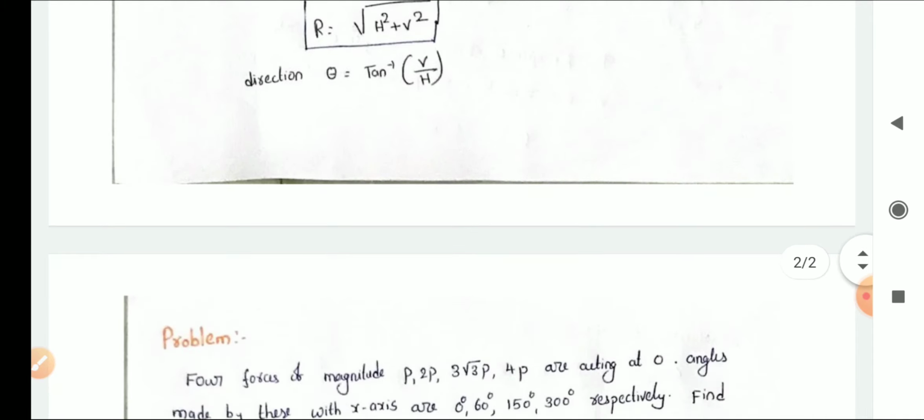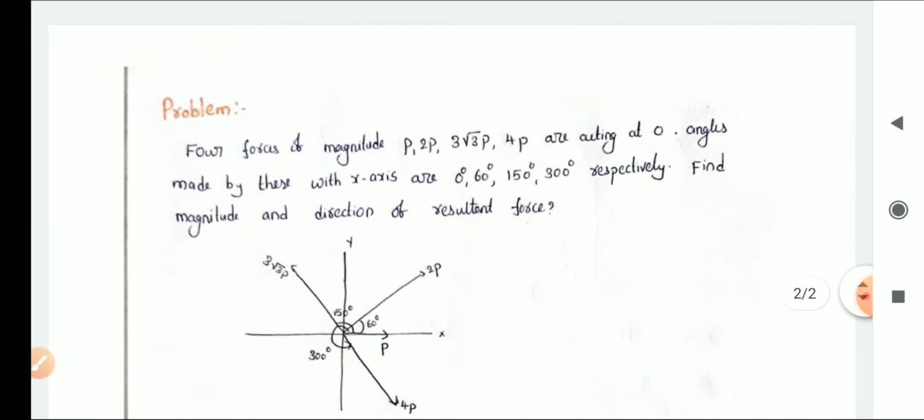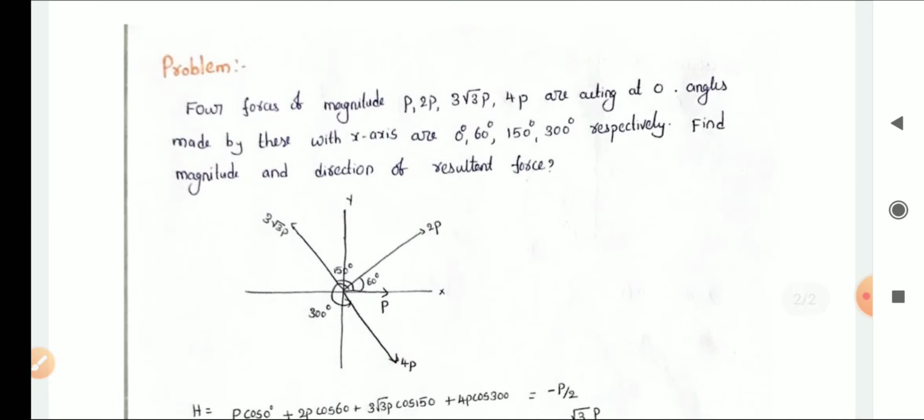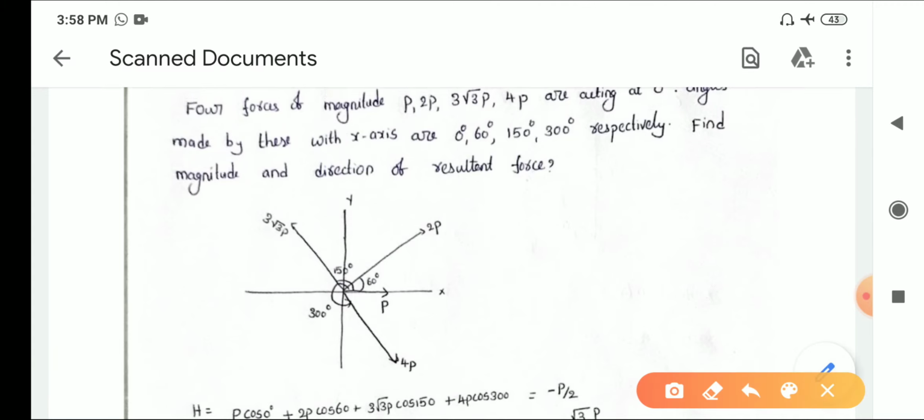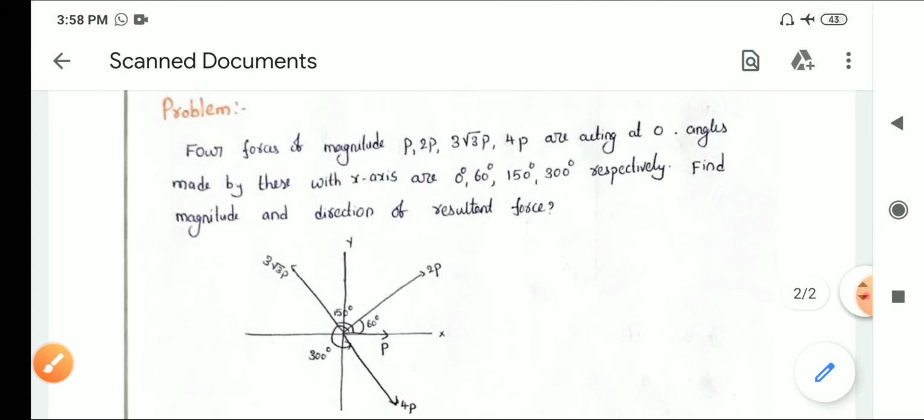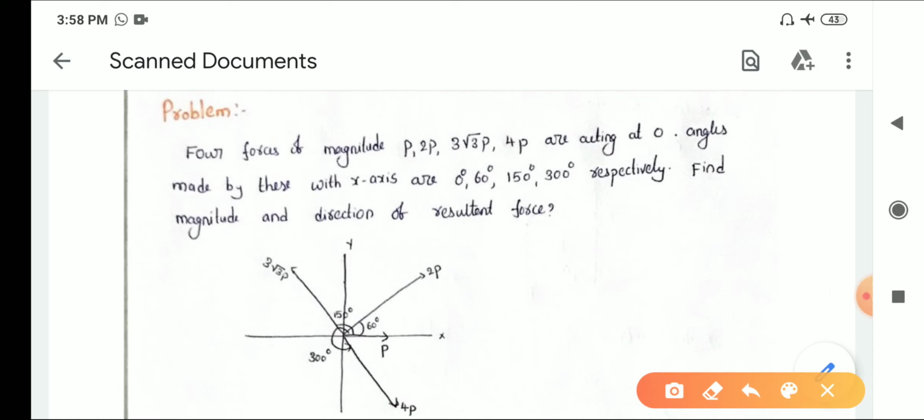Now let's see a problem about this, then you can understand the concept clearly. Here, read this problem. Four forces of magnitude P, 2P, 3 root 3 P, 4P are acting at O. Angles made by these with the x-axis are 0 degrees, 60 degrees, 150 degrees, 300 degrees respectively.